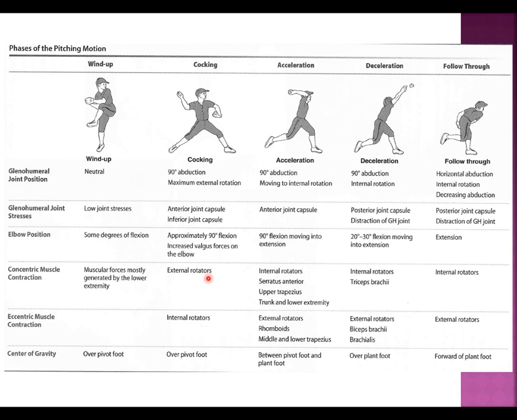As we start to move into the acceleration phase, we're going to pull very hard with our internal rotators concentrically, and we're going to have to slow it down with our external rotators eccentrically, and that's going to stay through there. So using this, I want you to really understand this section right here, as well as what is going on in each part of the throwing motion.